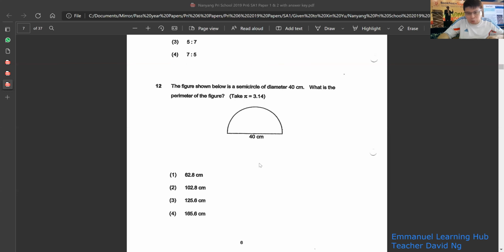So how to ensure you won't make this kind of careless mistake? For the perimeter of the figure, you do what I did just now. You ask yourself a sensible question: if I only take half of the circumference, what am I finding? You're finding this part only.